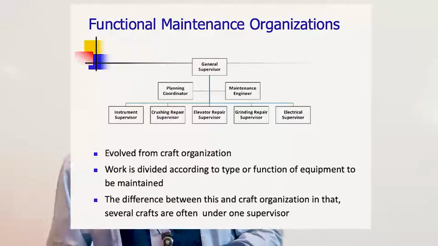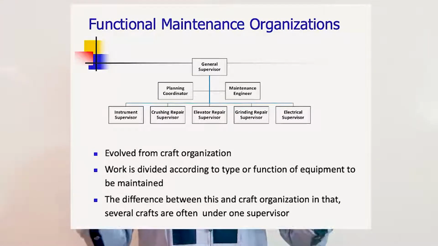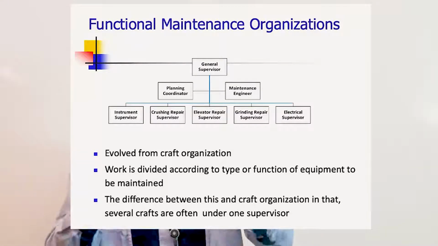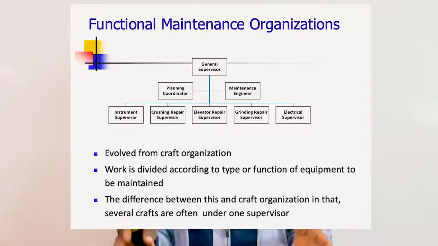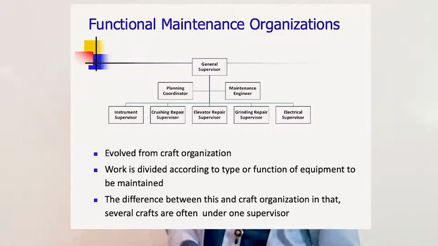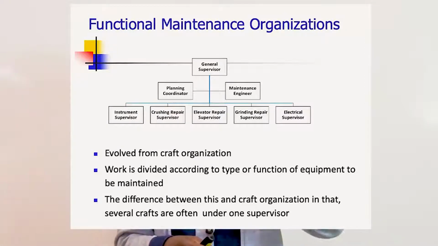The third maintenance organization I want to look at is the functional maintenance organization. This system evolved from craft organization. Work is divided according to the type or function of equipment to be maintained. It is the work that determines the nature of the maintenance tasks to be carried out that determines how work is divided. The difference between this and the craft organization is that several crafts are often under one supervisor.